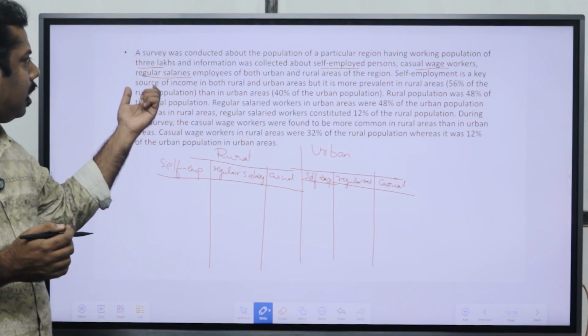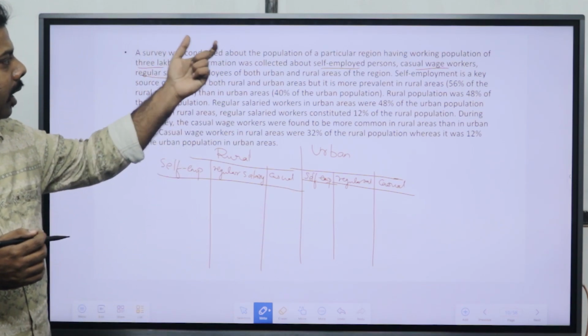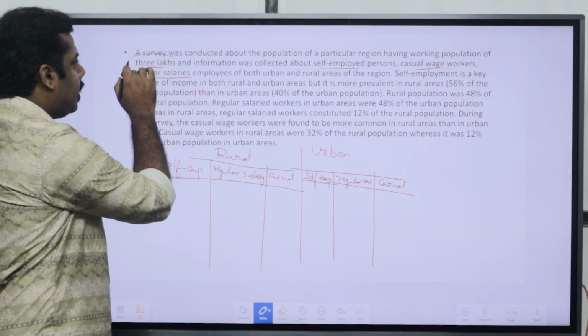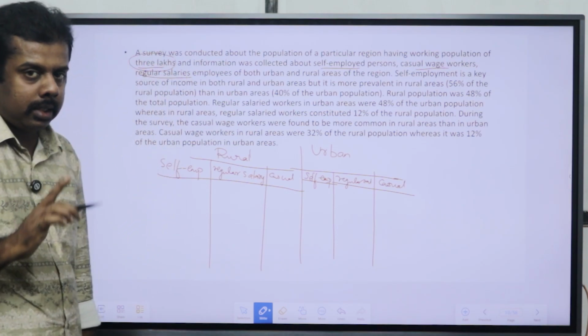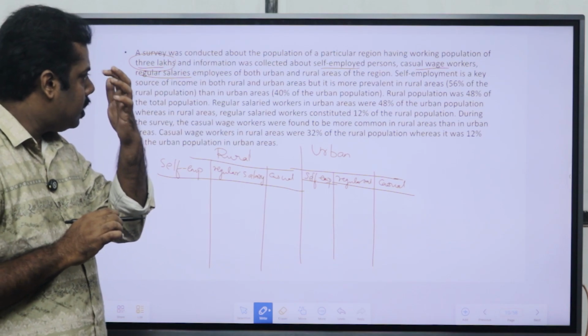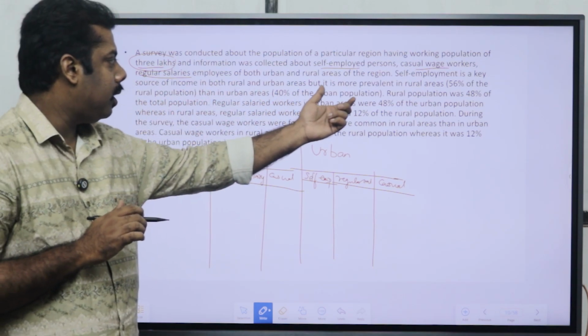As we understood, the working population was 3 lakhs, so the total data here is 3 lakh.